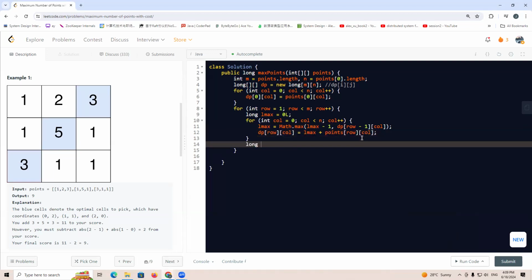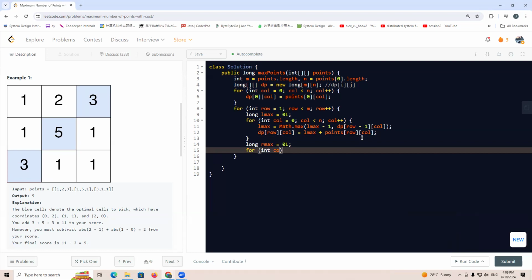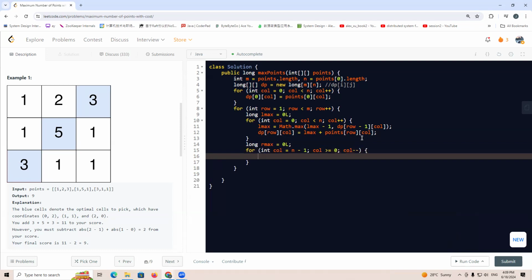Then we are going to have a right max, which is from the right to left. So we are going to do for int column equals n minus 1, column greater than or equal to 0, column minus minus, right? So what we do is that right max equals Math.max of right max minus 1, right?